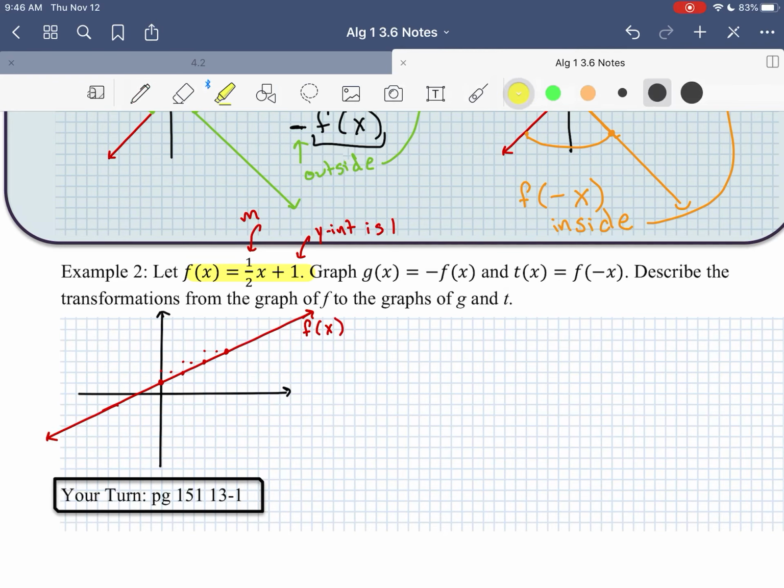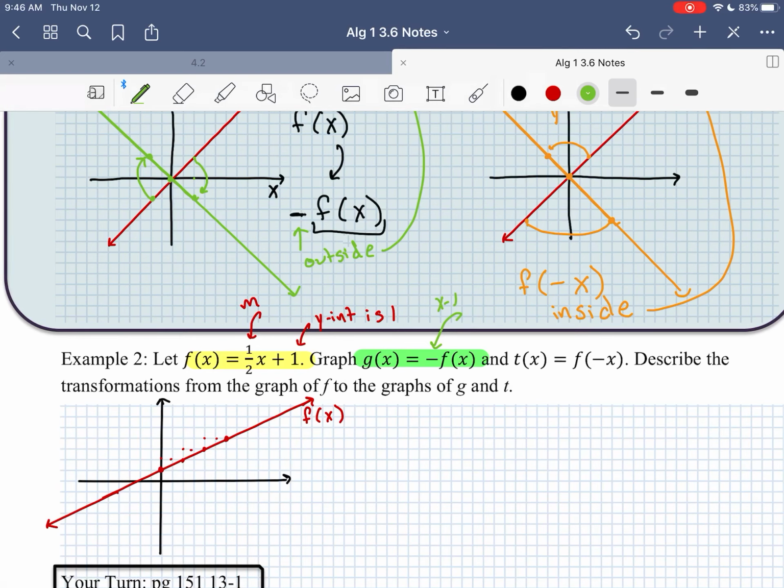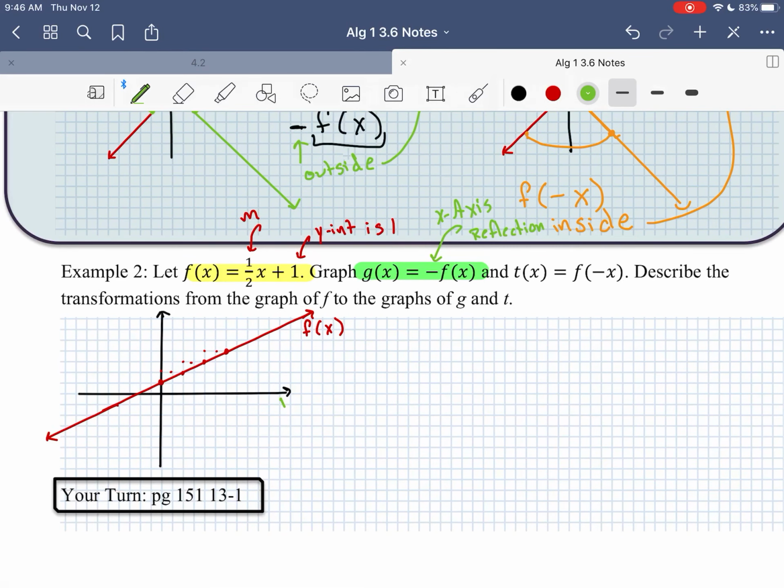Now we want to graph g of x, which is negative. It's got that negative out front. Since that negative is outside, that tells me it's going to be an x-axis reflection. So I find my x-axis, which is right here, and I reflect each of these points down.